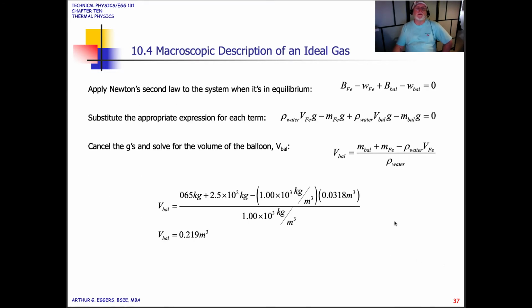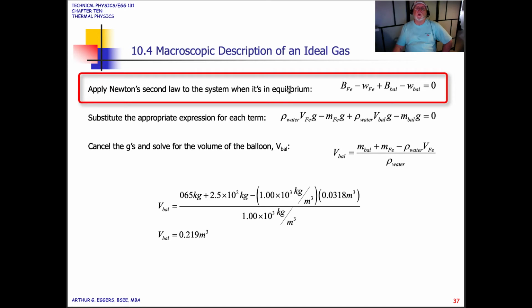Apply Newton's second law to the system when it's in equilibrium. So we end up with B sub Fe minus W sub Fe plus B of the balloon minus the weight of the balloon equals 0. So that's in equilibrium.